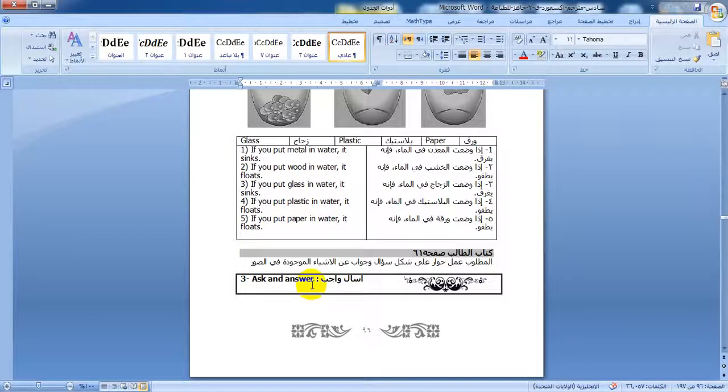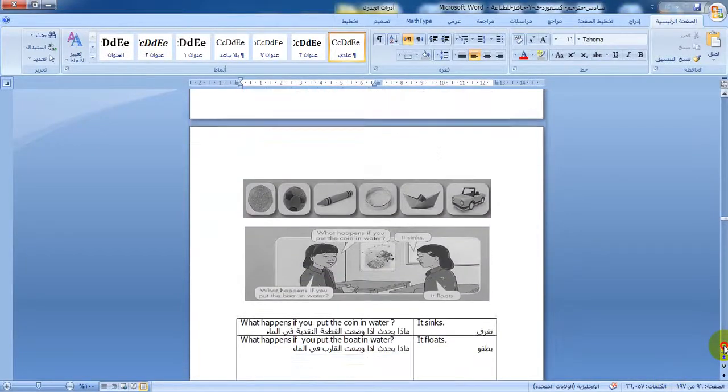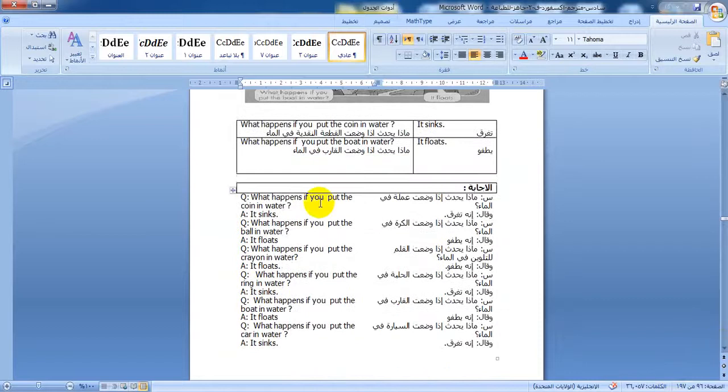3. Ask and answer. What happens if you put the coin in water? It sinks. What happens if you put the boat in water? It floats.